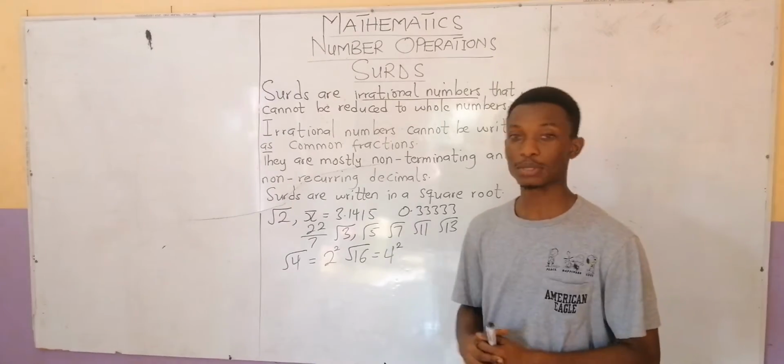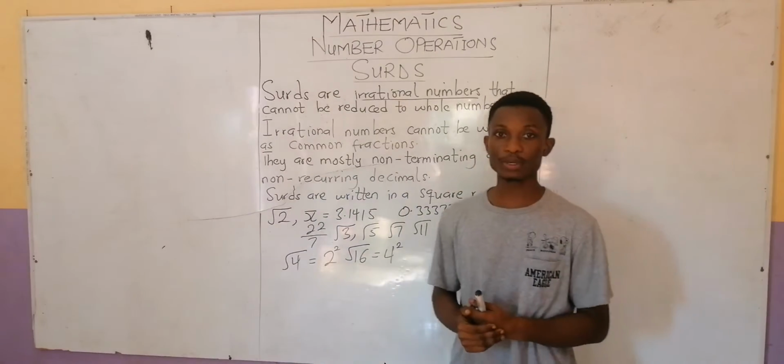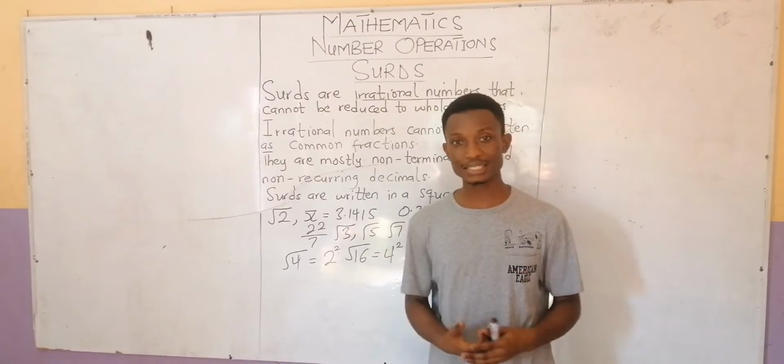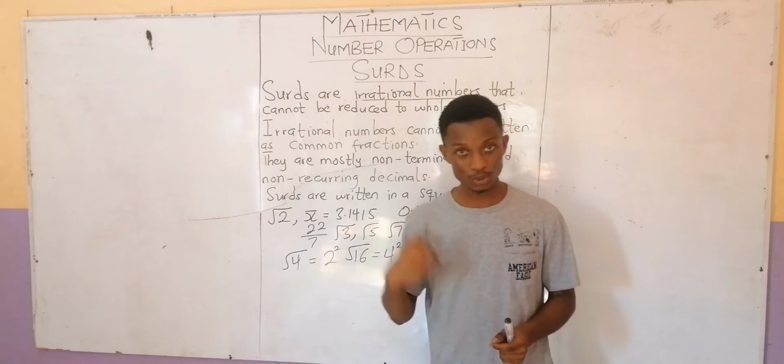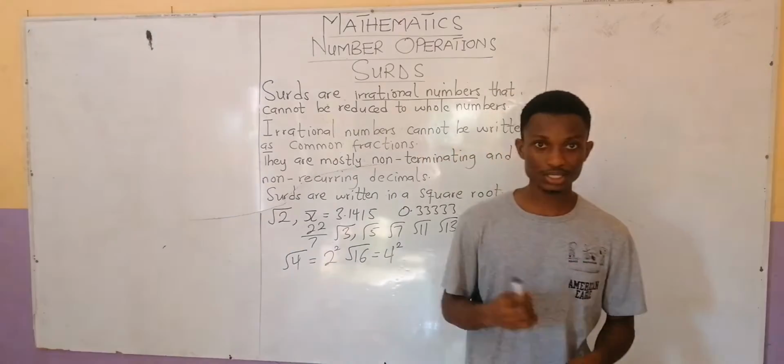Let's solve some examples. But before that, let's look at rules or properties. There are some rules or identities in sets. There are one or two that we should note before we can solve any set question.